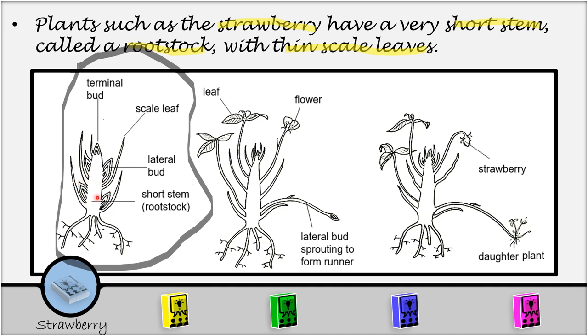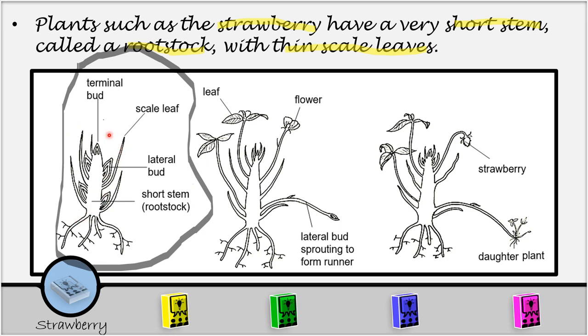Those ones on the sides, we call them the lateral buds. Then on the top of the short stem, there is a bud, and that bud we call the terminal bud. Now, these ones where the buds are coming from, these we call the scale leaves.